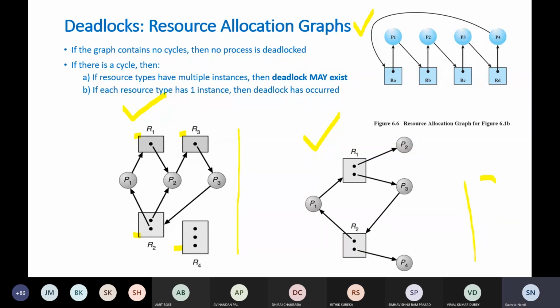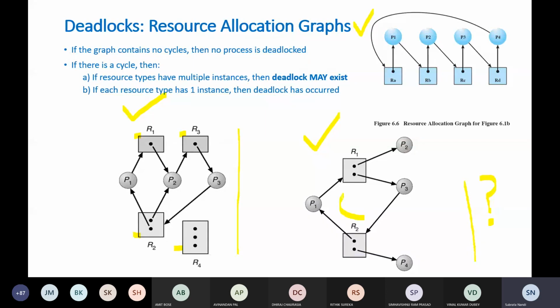Is this a deadlock here? Yes, sir. Can all of you hear me? So is this a deadlock?